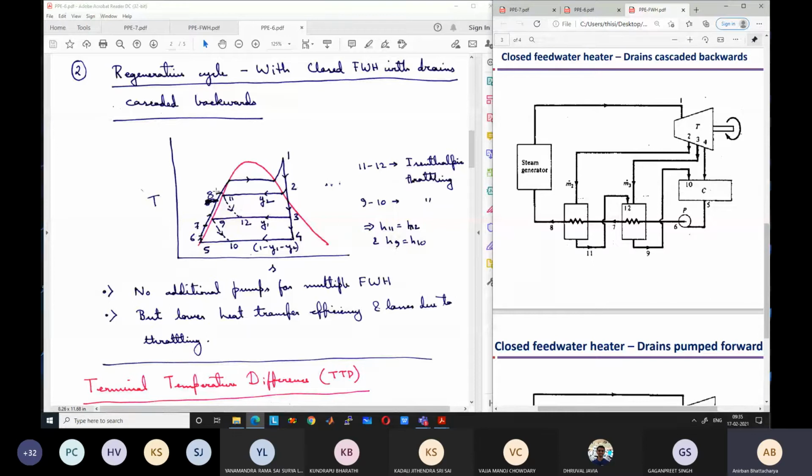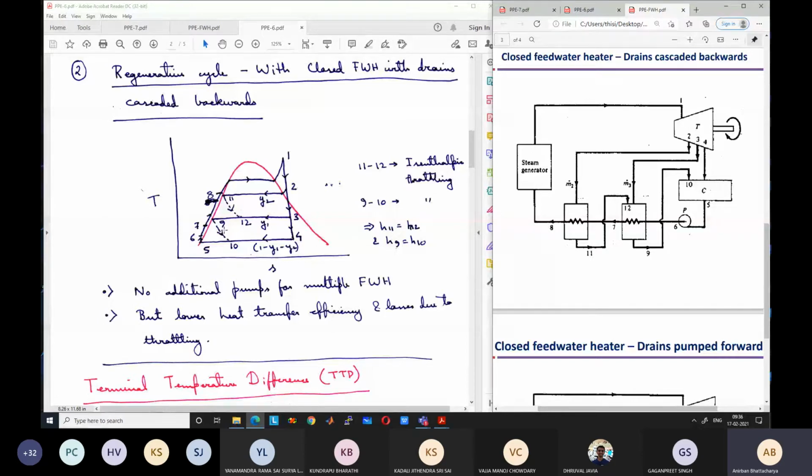The temperature increases from 6 to 7 by indirect heat exchange with the steam from 3 to 9. So what is the energy balance? Can anyone tell me the energy balance for this first feed water heater, in terms of Y1, Y2, things like that?